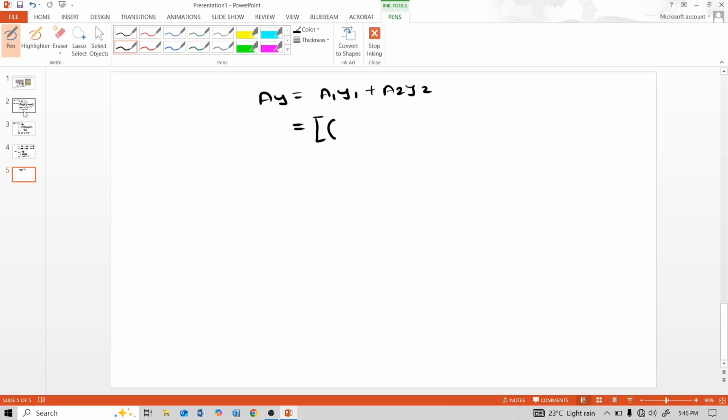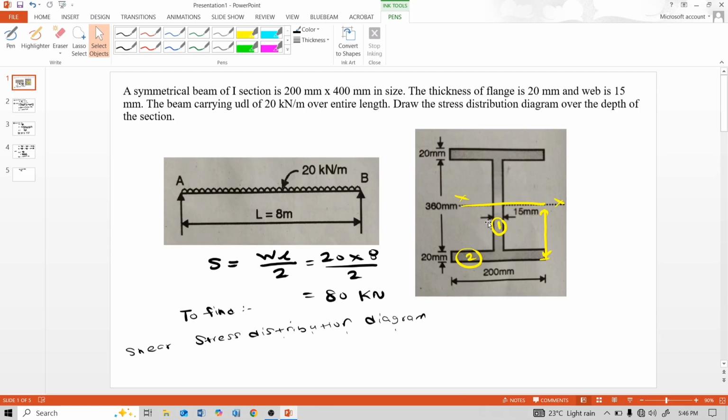A1 is the area for that web portion below the neutral axis, and this total distance from the bottom fiber to the neutral axis is 200 mm.